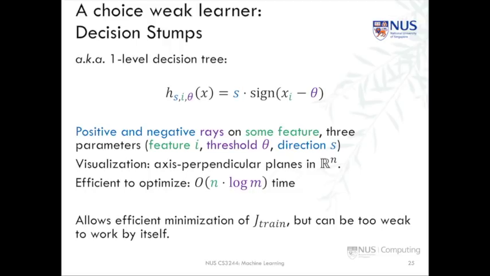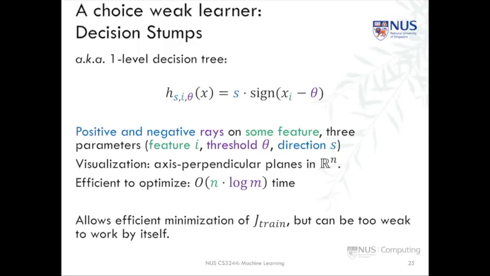For example, we can work with a classifier that is a positive and negative ray classifier for continuous valued features. A positive and negative ray classifier basically has a direction S, either forward or backward on the ray, a particular feature that we're selecting, the ith feature out of all n features that we could select, and a particular weight or threshold theta, which tells us where we're going to start our line on.